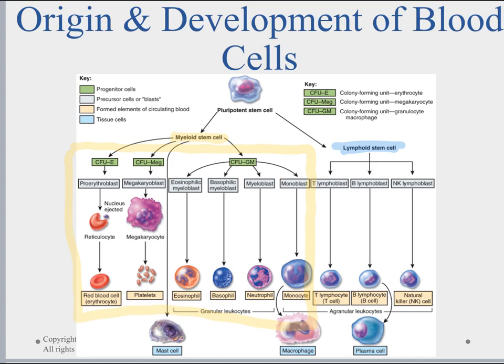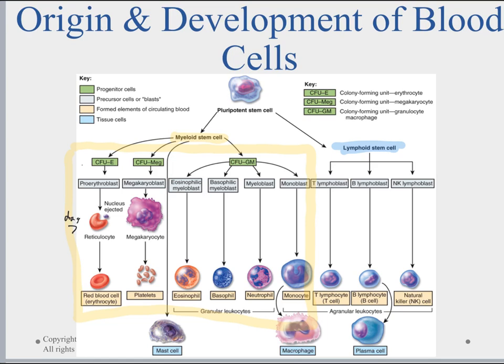From there, it will go through the varying stages of a red blood cell to form a reticulocyte by about day 7. So at day 7, we have this reticulocyte being formed.